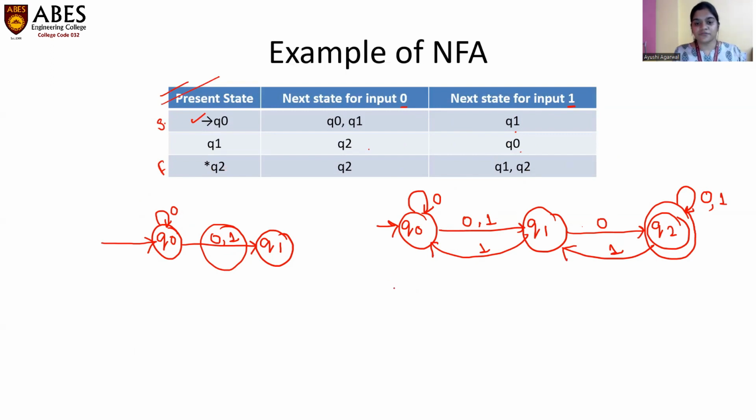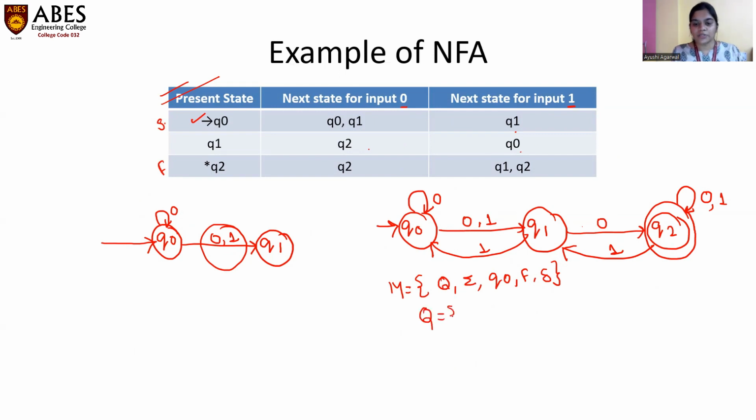Now let's define the 5-tuple machine over here and try to write the transition function for this transition diagram. So our 5-tuple machine consists of symbols what? Q, sigma, Q0, F, and delta. So let's define the 5-tuple machine according to this transition diagram.